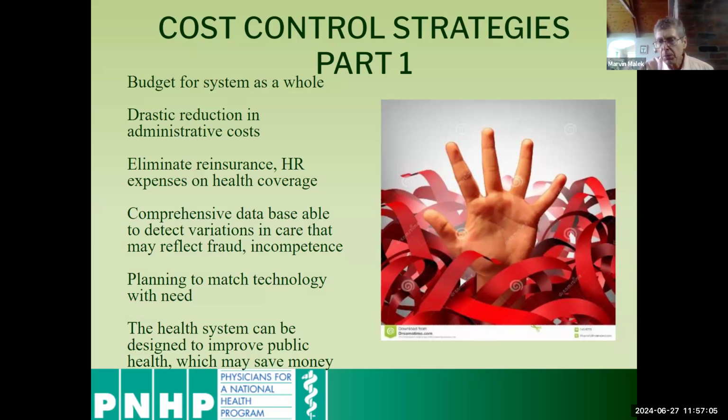Okay, planning to match technology with need. So here there's a notion within economics called supplier-induced demand. In other words, take two communities, both with a population of 1 million in the metro area, and one of them has 25 MRI scanners and the other one has 5.